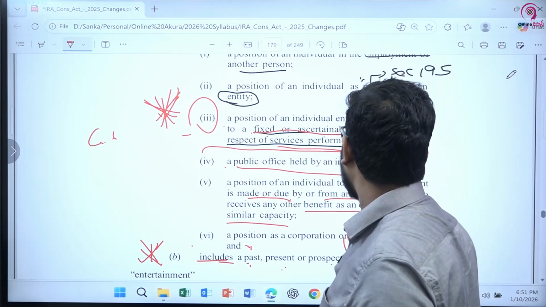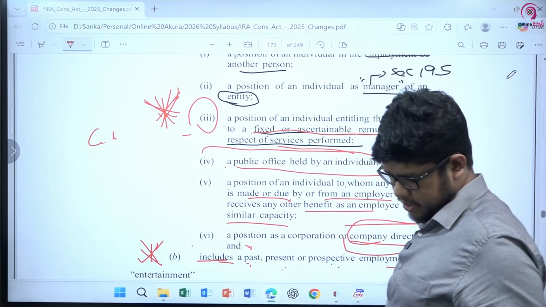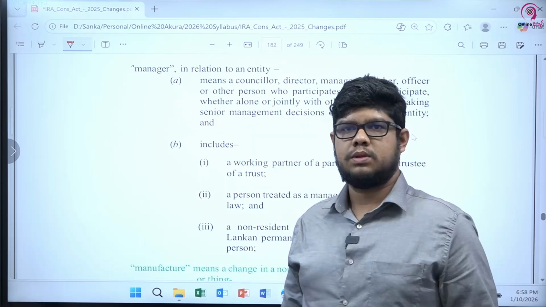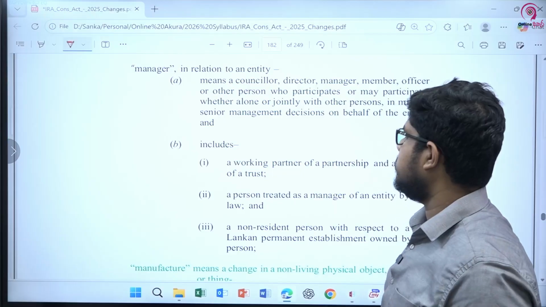Now let's see the term manager also, because it's included under this definition. Student, this is the definition of manager.